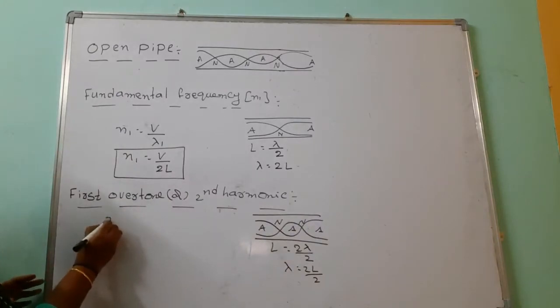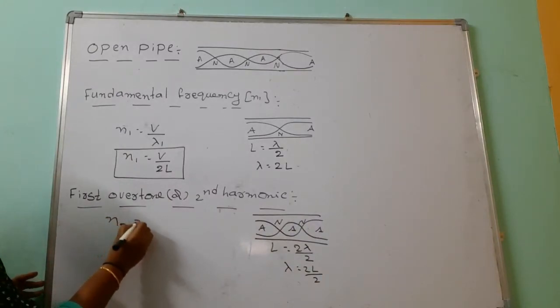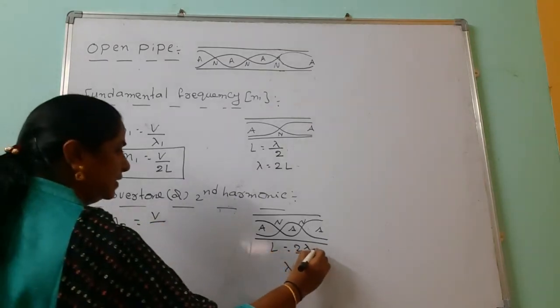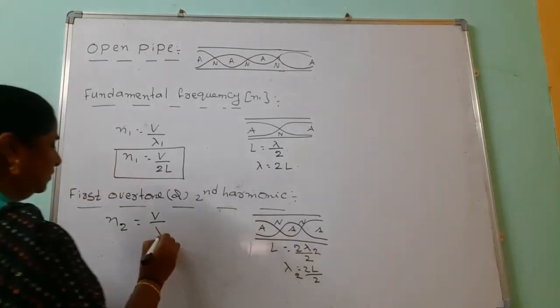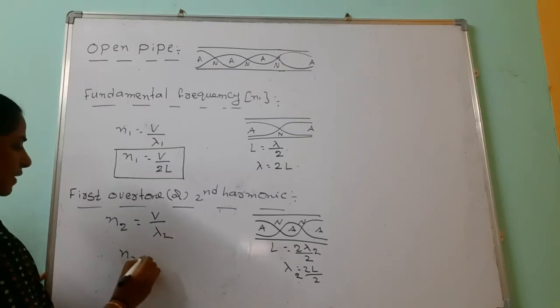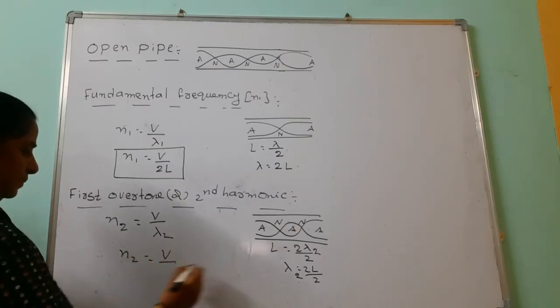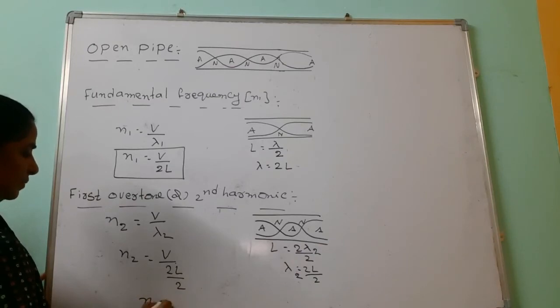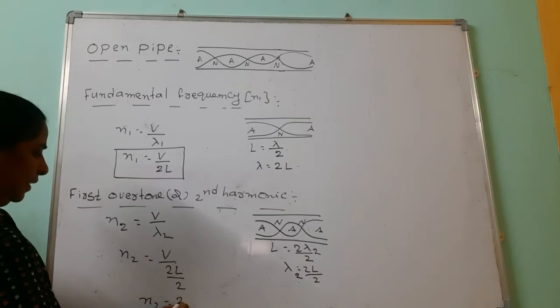Now the frequency of the first overtone is V by lambda 2. So N2 equals V by 2L by 2. Then N2 equals 2V by 2L.